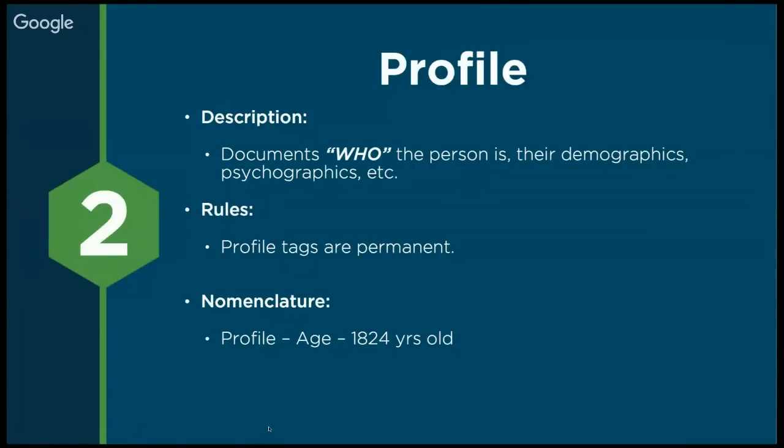Now, oftentimes you'll see that I will put at the beginning of a tag the same word as the category. The category here is profile. So why am I putting profile in the tag as well? Well, that's because in some places in Infusionsoft, when you're looking at the tags, you can't actually see the category name.